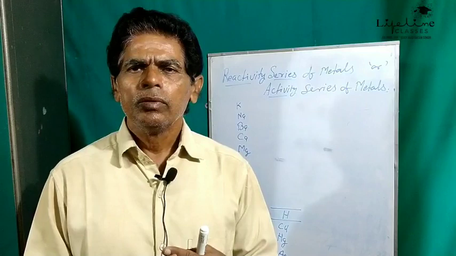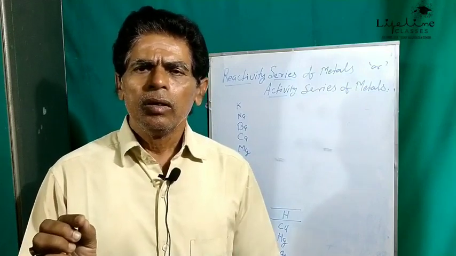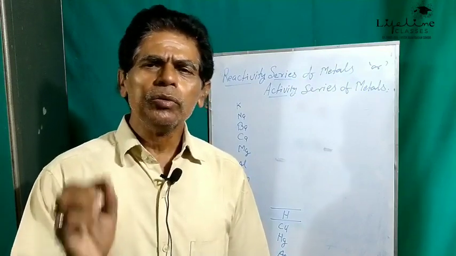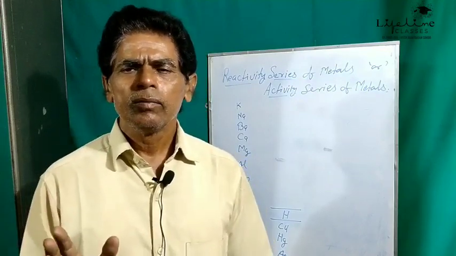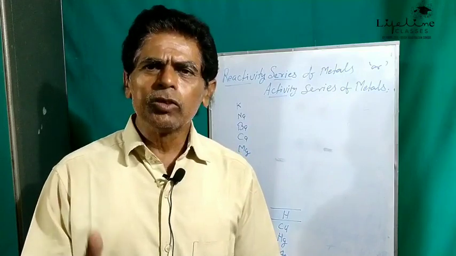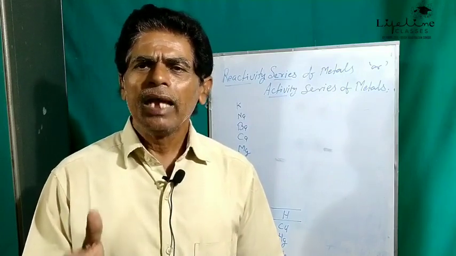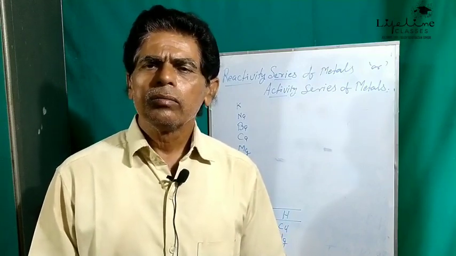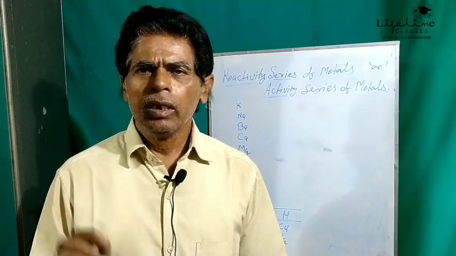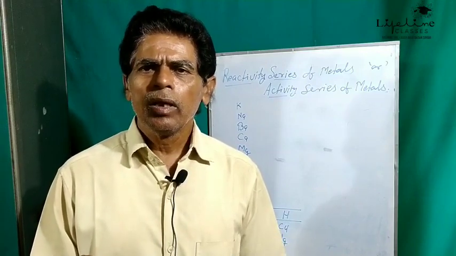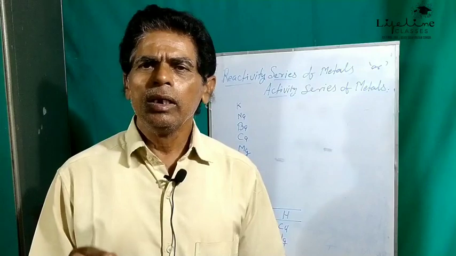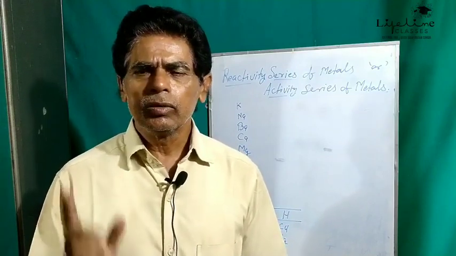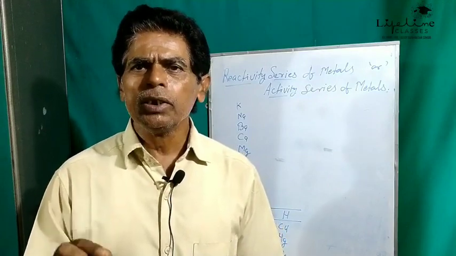Depending on such displacement reactions of different metals relative to each other, a series of metals has been developed or formed in which the different metals are arranged in the decreasing order of their chemical reactivity, that is, electron losing tendency.